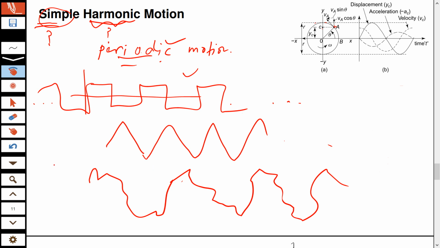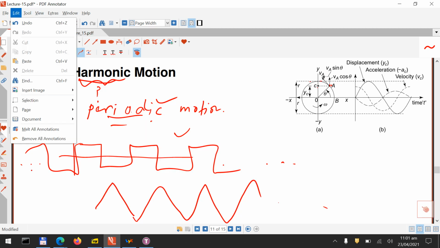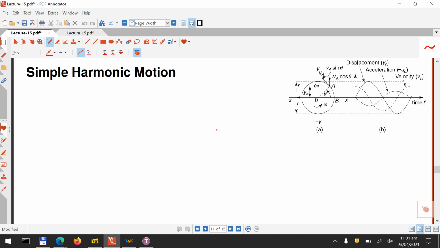Of course there are many ways of defining simplicity, but I'll just give you one qualitative comment.